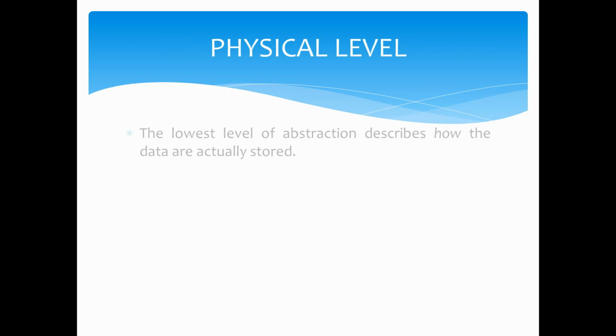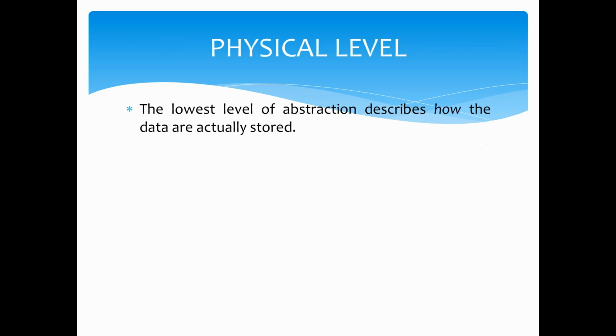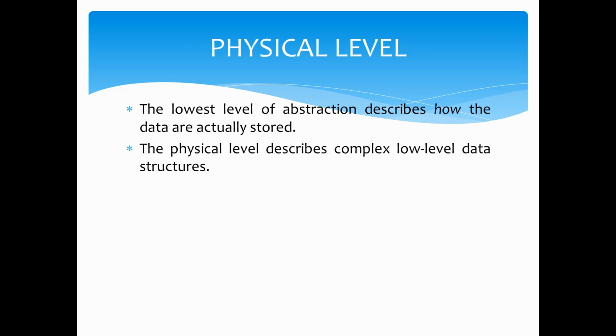Physical level is the lowest level of abstraction, and it describes how the data are actually stored in the database. Now what is the meaning of how the data is stored? Whether we have a complex database or a simple database, it has to be stored in the form of tables. The how here refers to whether we need a number of tables to represent our data, or is it enough if we have only a single table?